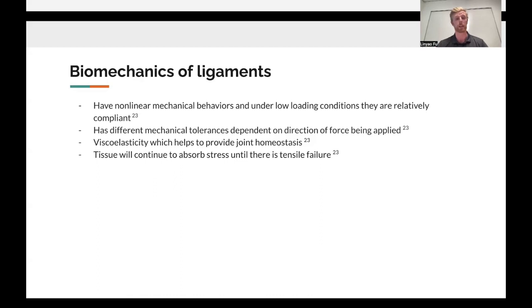Ligaments also have a viscoelastic component, thanks to all the components talked about earlier within the extracellular matrix, as well as the elastin and collagen. And then, as Nick will talk about later, the tissue will continue to absorb stress until there is tensile failure.